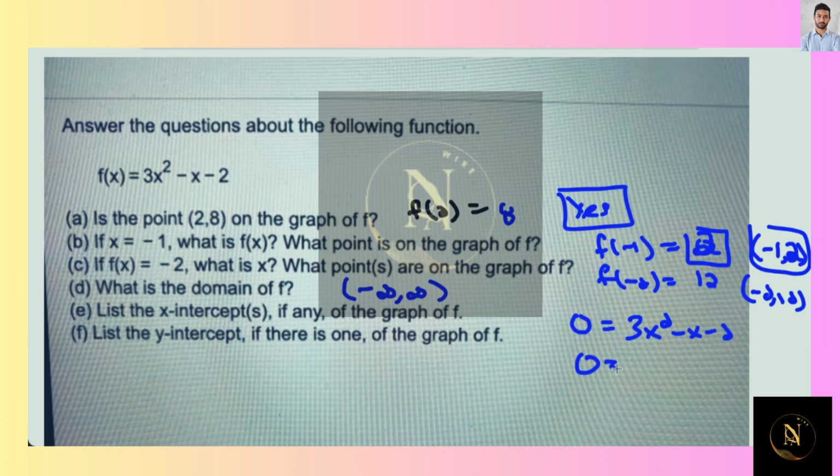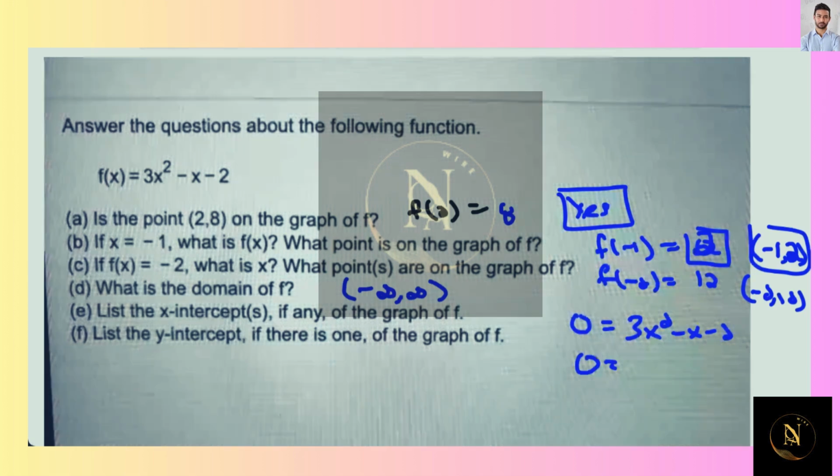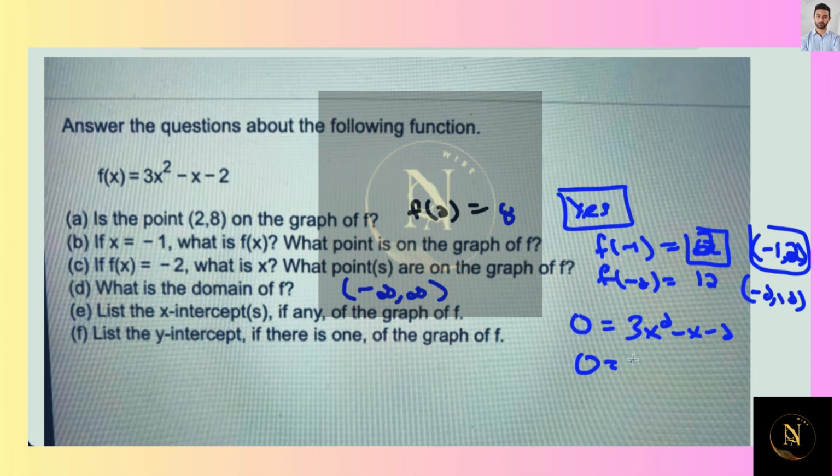You can factor: what multiplies to -6 and adds to -1? Well, let me do it this way. Write this in 4 terms. What multiplies to -6 and adds to -1 would be a -3x and a +2x. And then you can group.